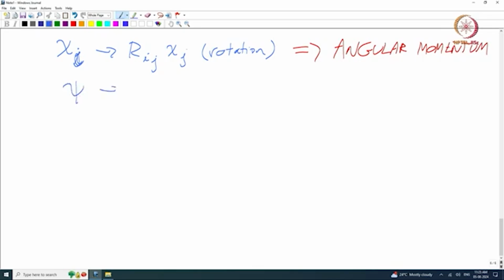So who knows this? I've taken a wave function or a field and rephased it by some quantity, and the phase itself is a function of coordinates. Rephasing a wave function or a field.